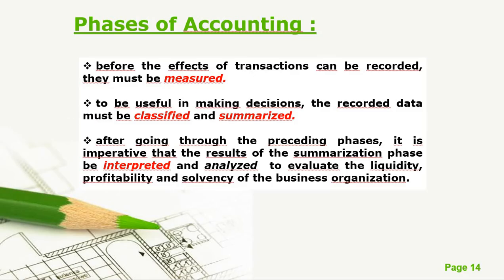And then after that, for those data to be useful in making decisions, they will be recorded. And of course, after recording them, they have to be classified. So this has something to do with posting, grouping of accounts. Grouping similar accounts, and summarize. And when you say summarize, this is the time when we are going to prepare our financial statements.